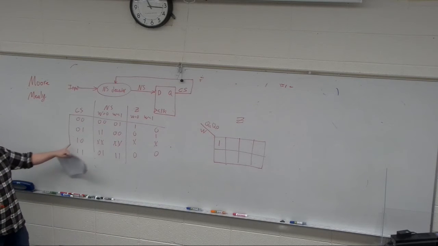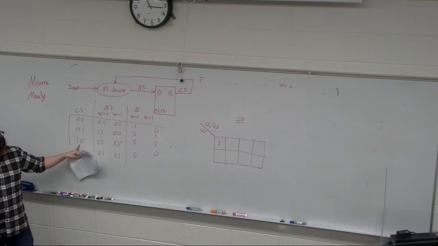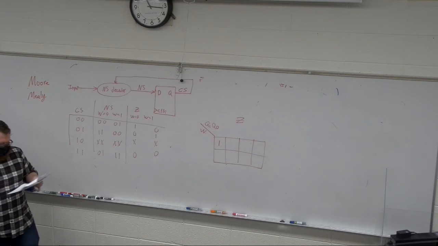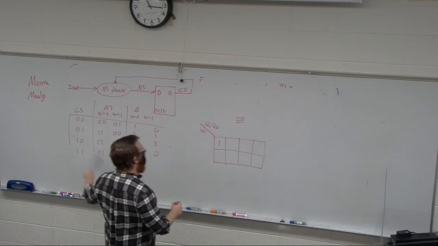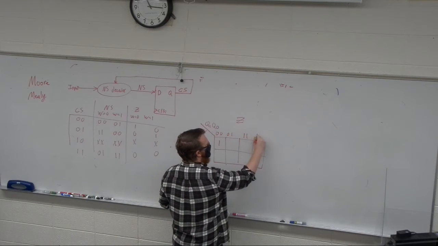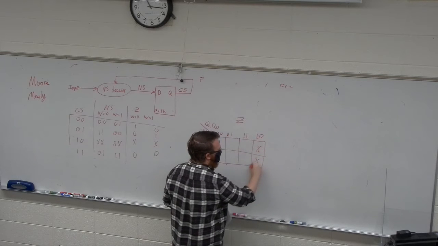What that does is it frees up the ability to put don't cares into our K-map. So those two don't cares come in at the 1, 0, right? So I have 0, 0, 0, 1, 1, 1, 1, 0. So in the 1, 0 state column, I don't care.